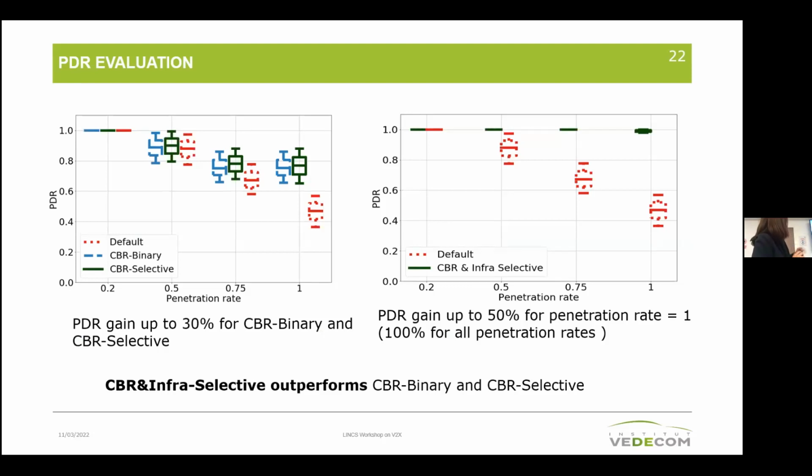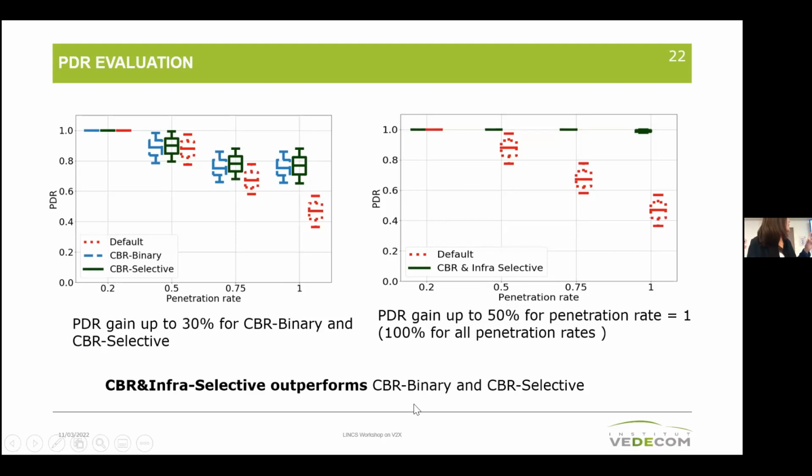First, we compare the two CBR-based algorithms, CBR binary and CBR selective, to the default. For PDR, when the penetration rate increases, we can have almost up to 30% improvement.